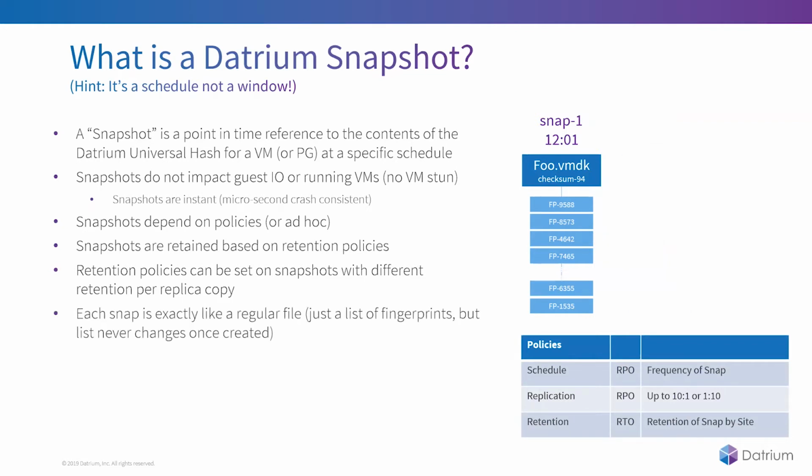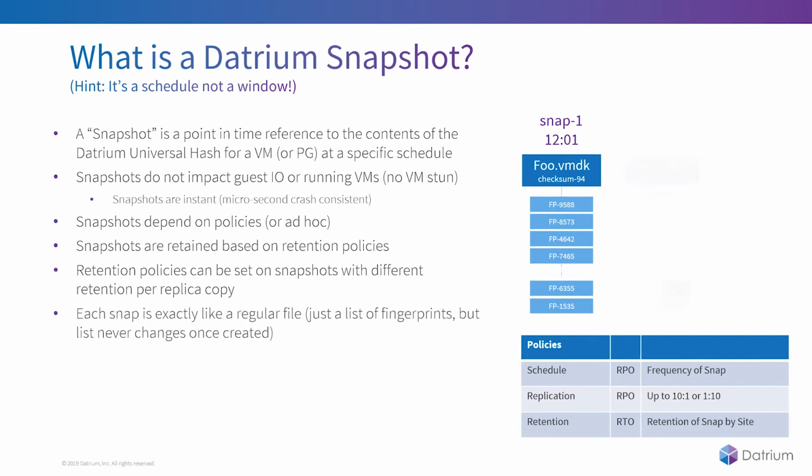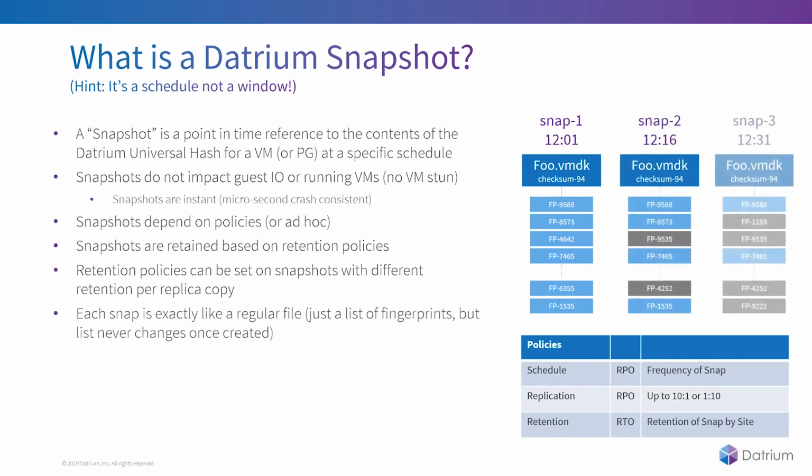If I take another snapshot here, snap 2 at 12:16 and then snap 3 at 12:31, you'll notice I've got some changed blocks in that, right? So I still have a lot of blocks that haven't changed, but now I have these individual changed blocks. We handle each of these snapshots as their own synthetic full. So these have no chaining relationship to each other at all. They're just their own individual synthetic fulls, right?